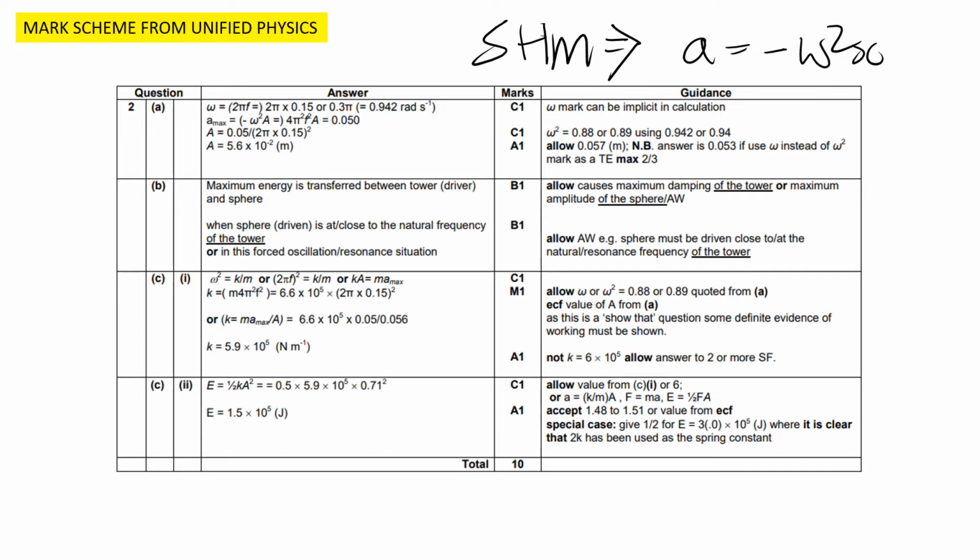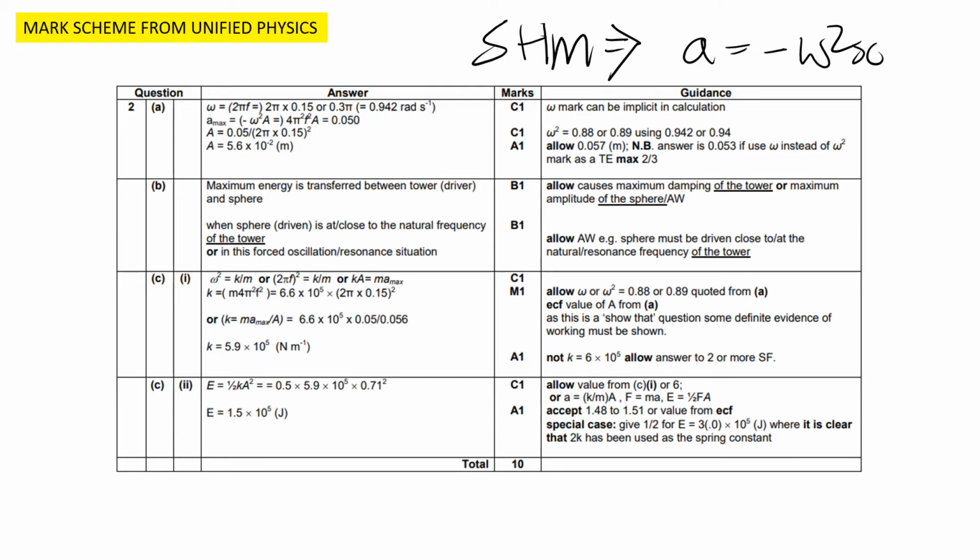Part B, maximum energy is transferred between tower and sphere. This is a damping type question. So allow causes maximum damping of the tower or maximum amplitude of the sphere. And part 2 of the same question, when the sphere is driven to the natural frequency of the tower in this forced oscillation.